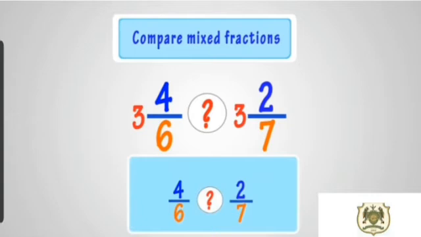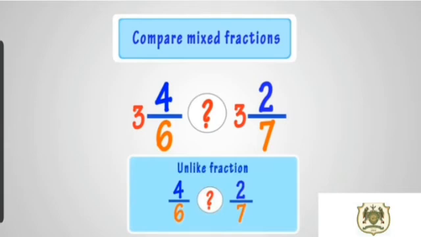One is to convert the mixed fraction into improper fraction and then convert it into like fraction and solve. Second, you first compare the whole number part. Whichever whole number part is greater, that particular fraction is greater. But if the whole number part is same, then you compare the fraction part. And if they are unlike, convert into like.